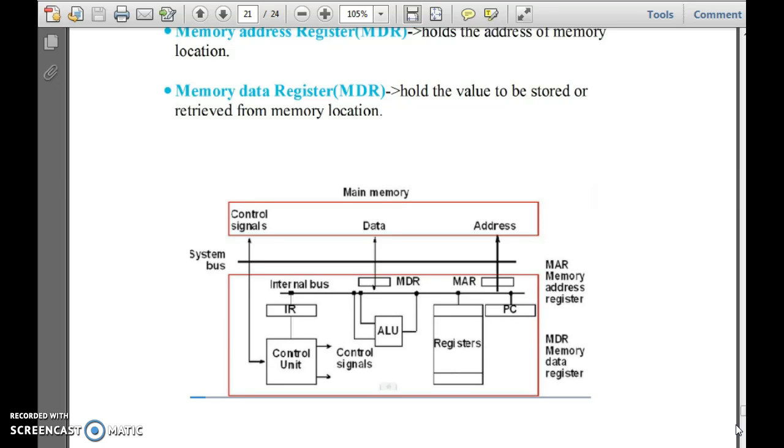Similarly, every operand will be fetched, and every operation that needs to be performed will be performed by the arithmetic and logical unit. This is the way the instruction gets executed. The memory address register fetches the address and gives it to the memory data register, which gives the data to the arithmetic and logical unit.